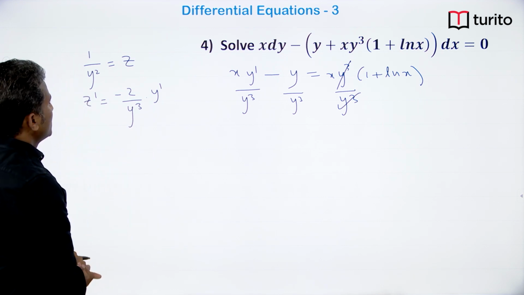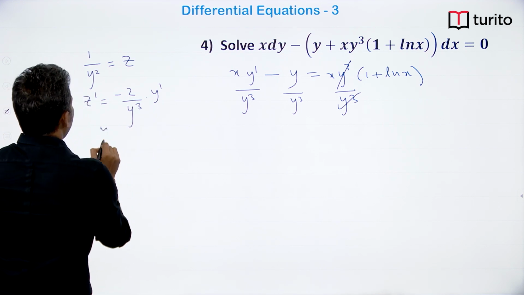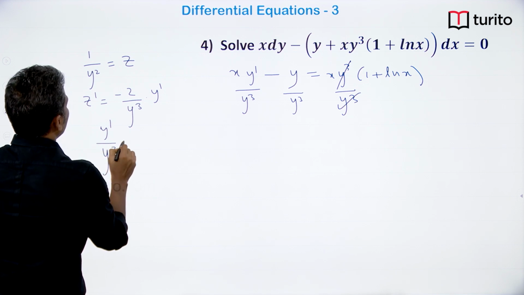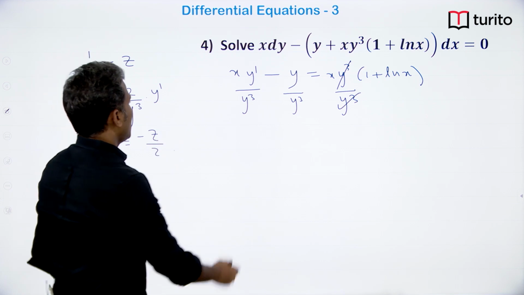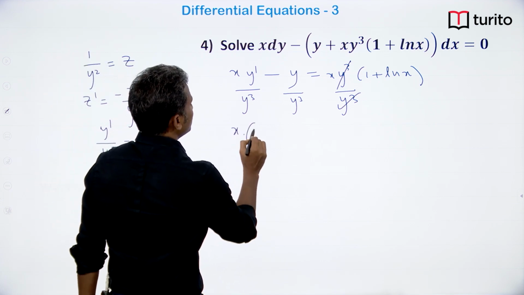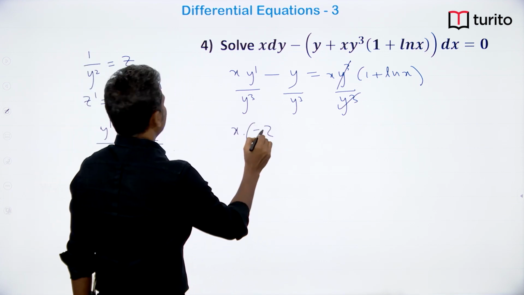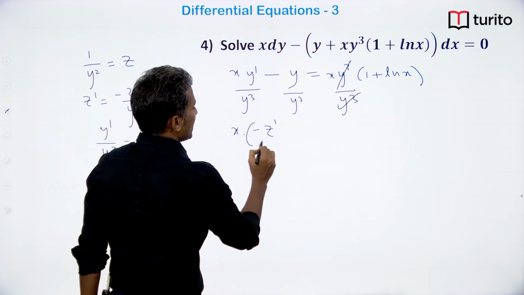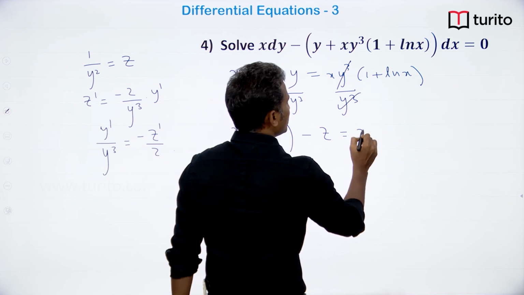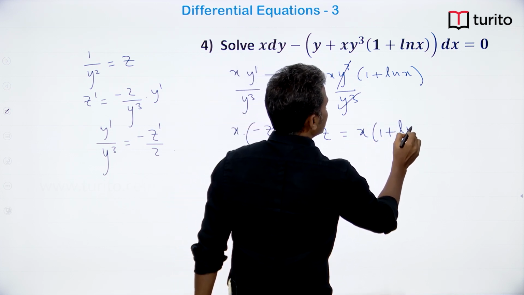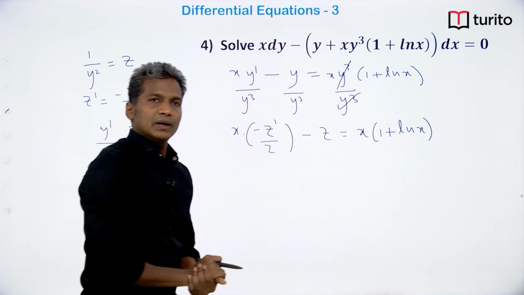Okay. So, which means y dash by y cube can be written as minus z dash by 2. So, here I can write x into, sorry, this is minus z dash. Okay. So x into minus z dash by 2 minus z is equal to x into 1 plus ln x, right?